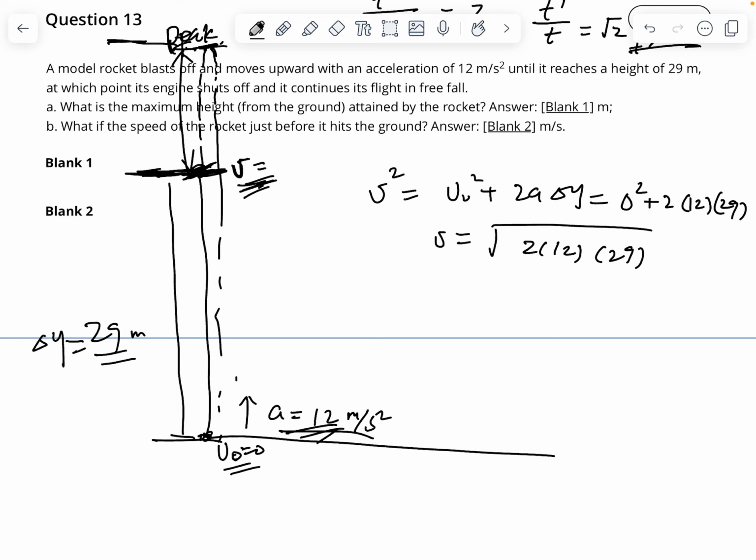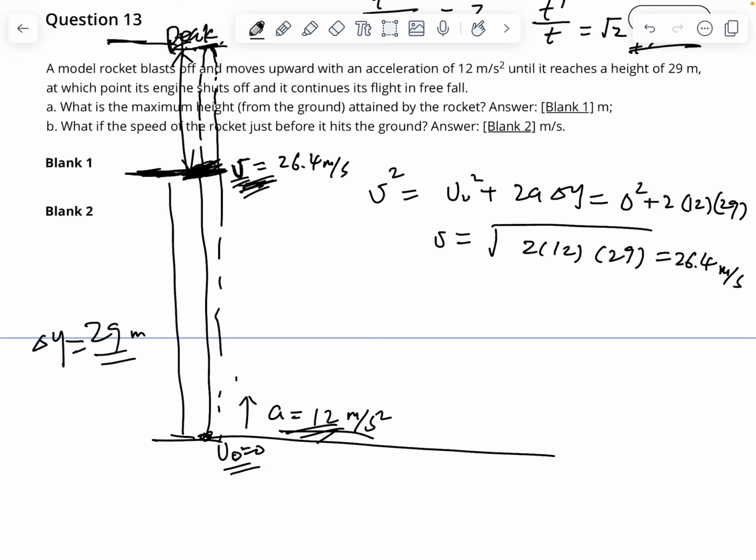Square root of 2 times 12 times 29 is 26.4. Okay, so this speed is 26.4 meters per second. This will be the initial velocity for the free fall.